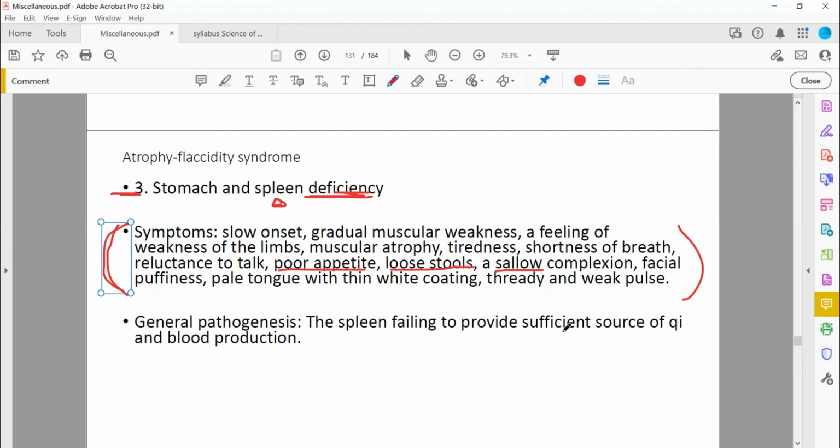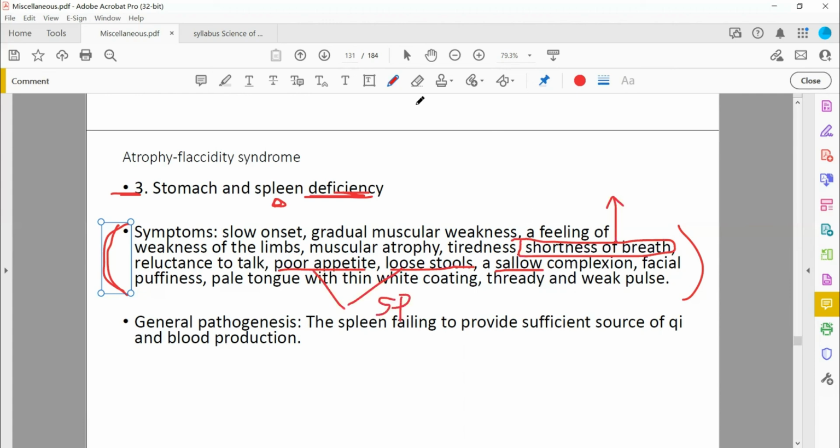And we have shortness of breath. Here it is, shortness of breath. What does that tell you is deficient? Qi. The other symptoms tell you the organ, which is the spleen.